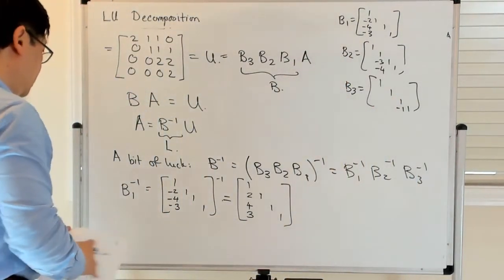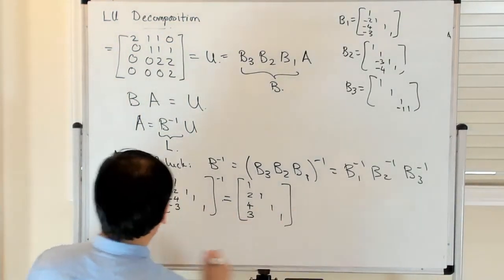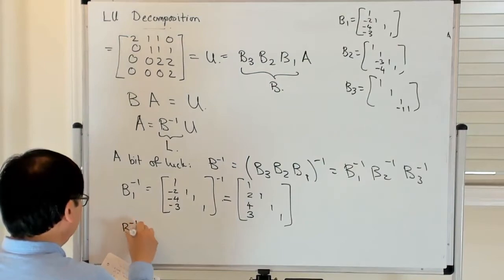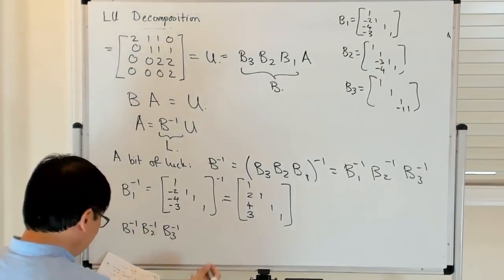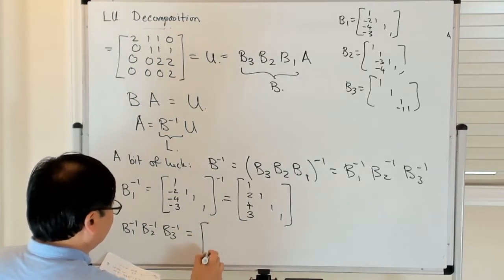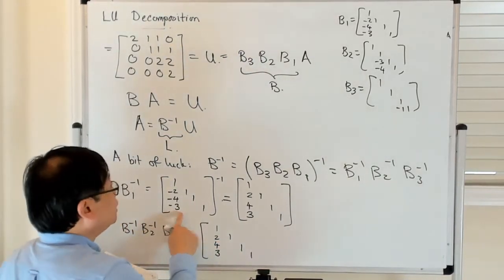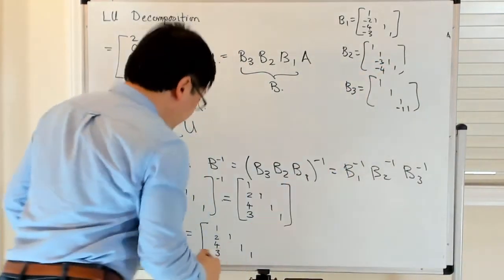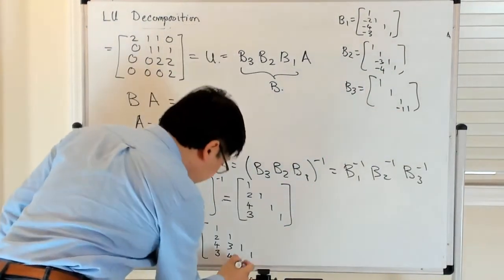What is interesting is that when I compute B1 inverse, B2 inverse, B3 inverse and multiply them all together, I have 1, 1, 1, 1, with 2, 4, 3 coming from the B1 term, 3, 4 coming from the B2 term, and a 1 coming from the B3 term.